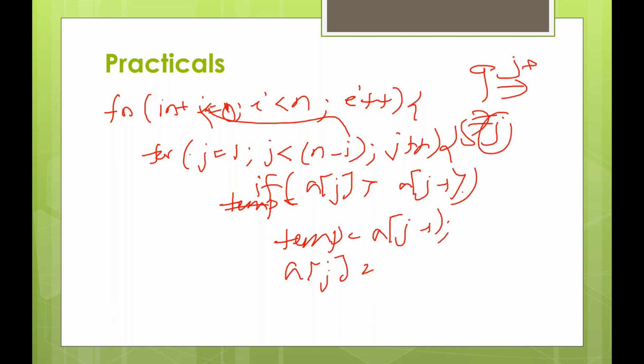Okay, temp is a copy of A of j minus 1, that is 9, and then A of j, we are losing A of j. Temp, what we will do, A of j we will take A of j minus 1. Okay, I'm getting confused.